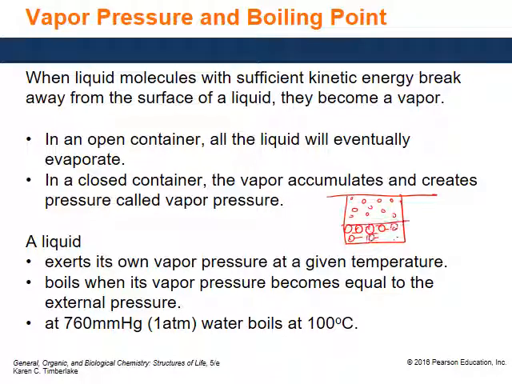Most of them will be liquid right here, but some of them will convert into vapor. And this vapor, this gas that is present on top of the liquid, will exert some pressure onto this liquid, and this pressure is called the vapor pressure.